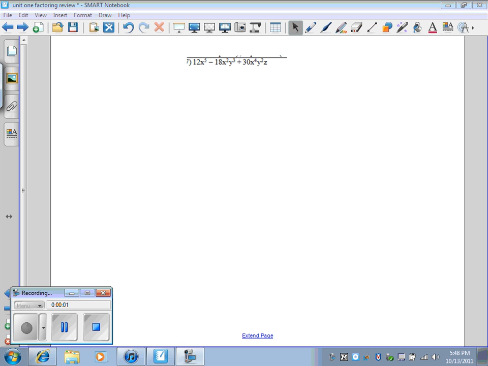For question number 7, we were asked to factor completely if possible. Looking at each term, I'm trying to see what I can divide out evenly. If I start with the numbers, what is the greatest common factor of 12, 18, and 30?